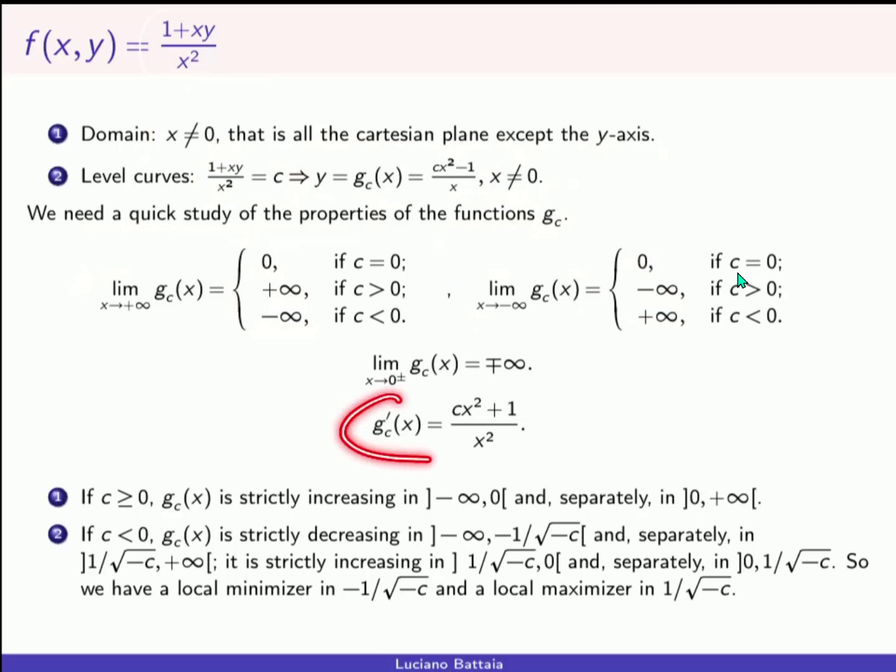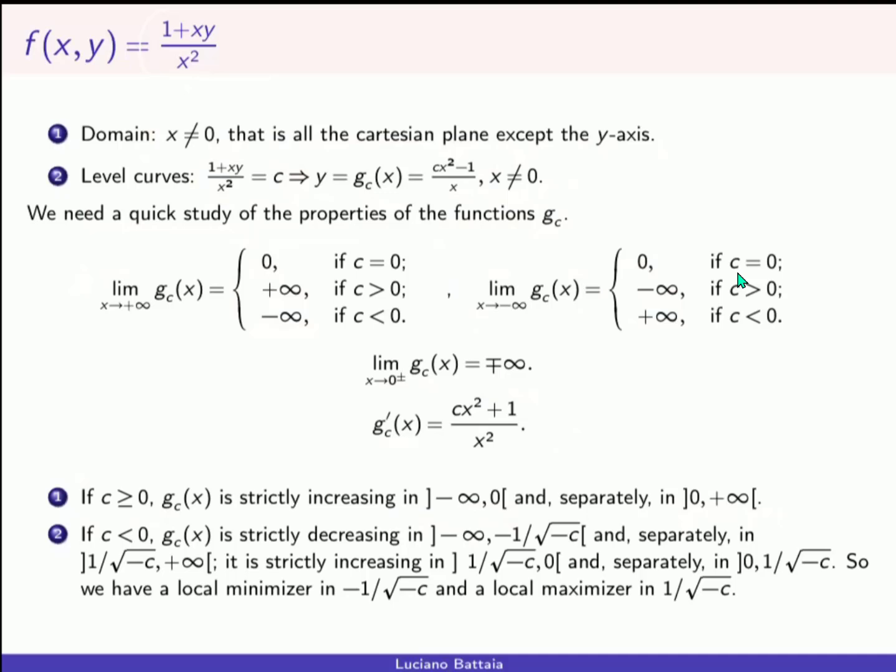The first derivative is this, and if c is positive, the first derivative is always strictly positive, so the function is increasing in minus infinity to 0 and in 0 to plus infinity separately, not in all the real line.